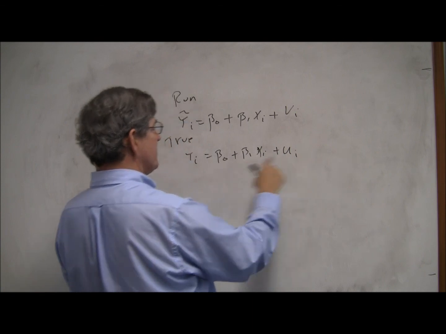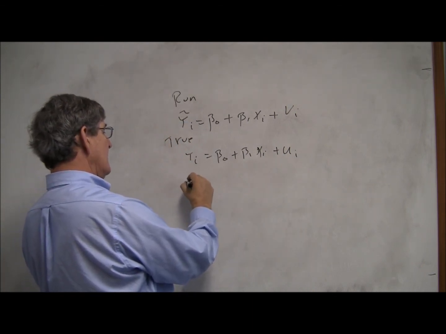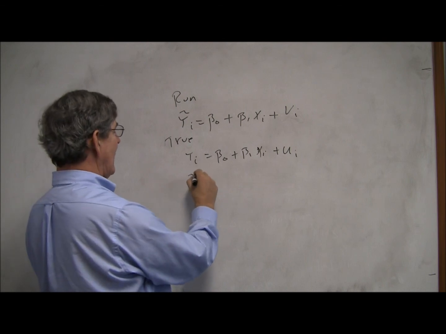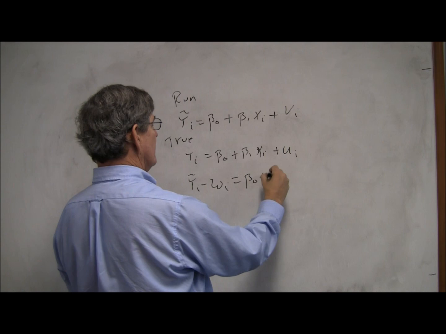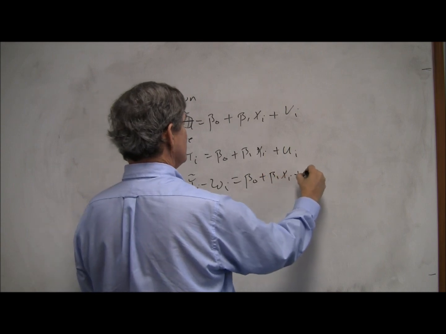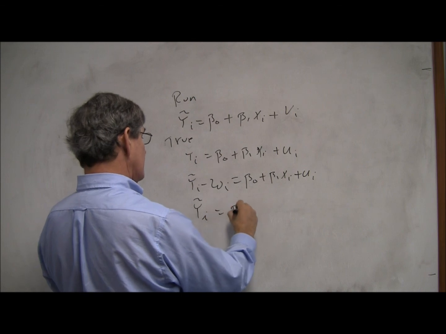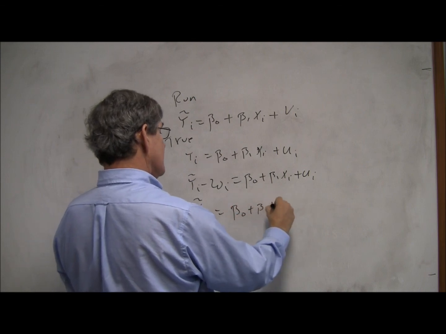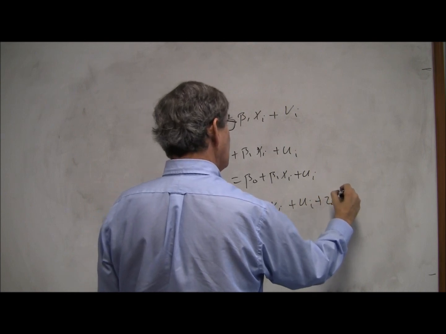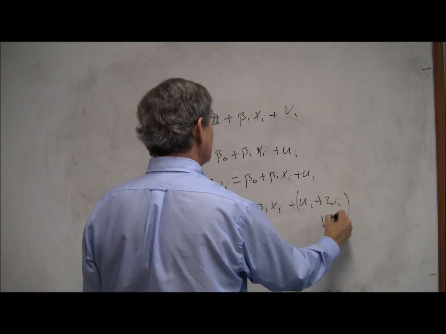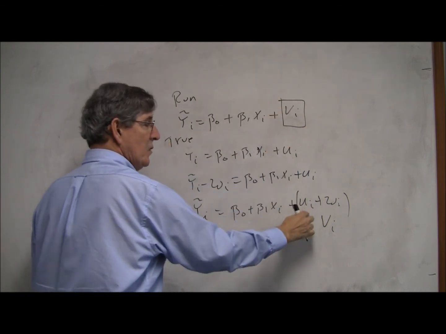Now sub in for yi. Yi is y tilde i minus wi equals beta 0 plus beta 1 xi plus ui. So the model we actually run is this one, and the error is ui plus wi. This is vi.